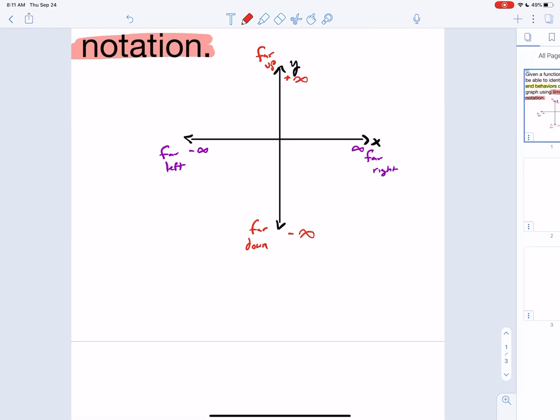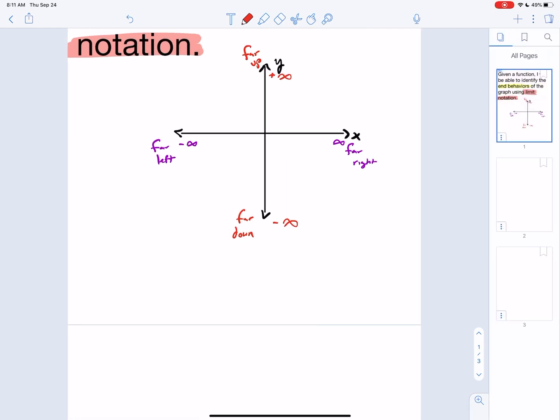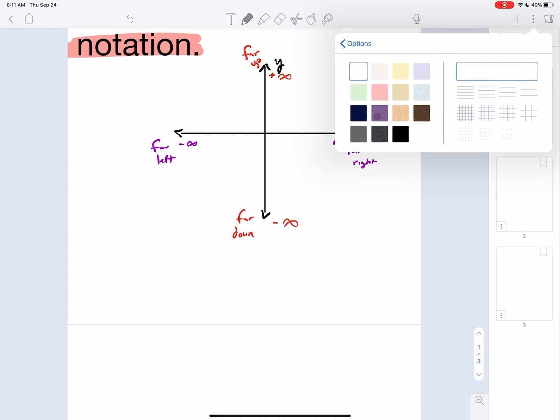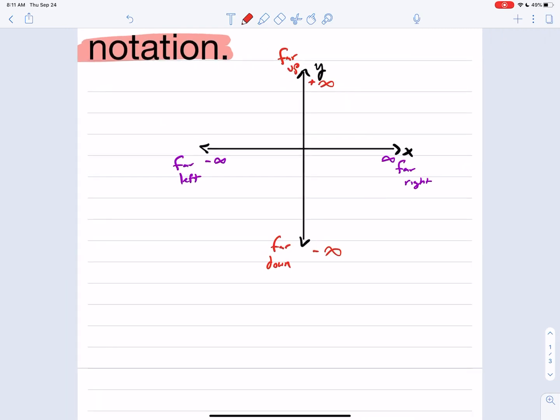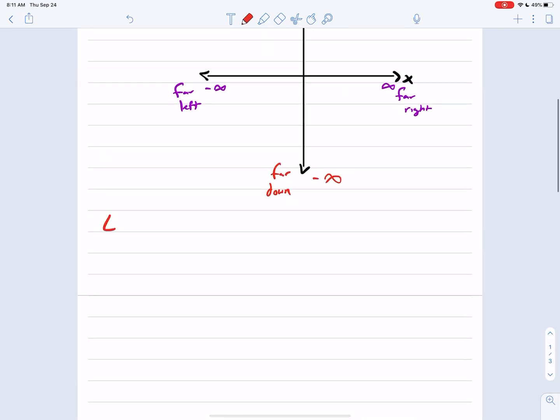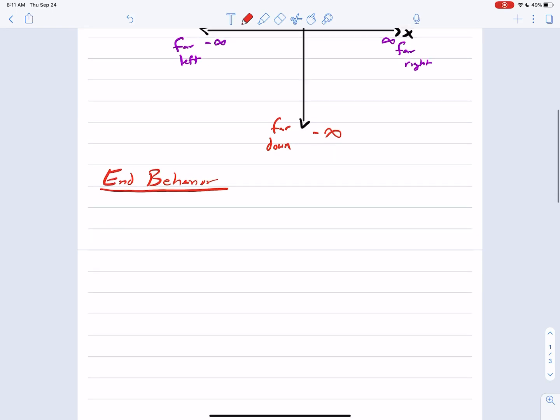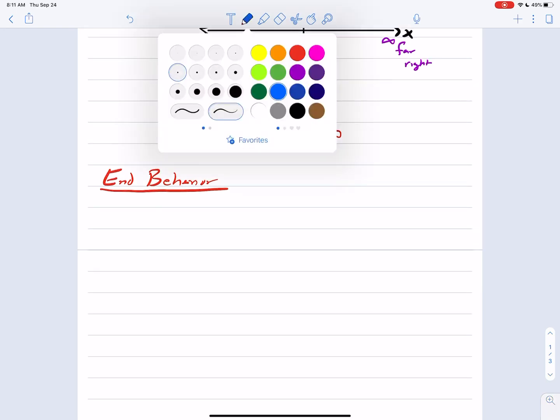Okay, so end behavior, let's go ahead and write this down. Let me use a different type of paper so you know exactly how to write this. Here it is in a nutshell. First, I'm going to focus on how you should write it.